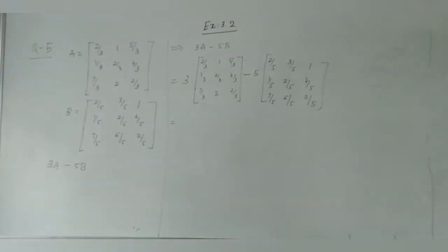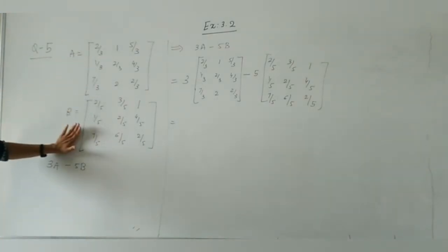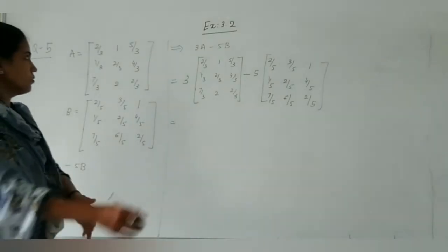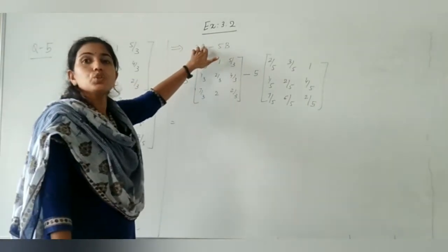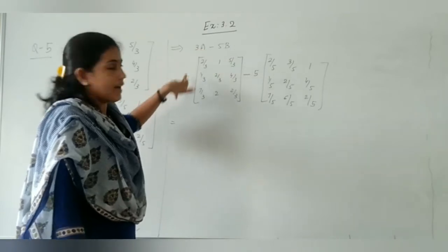Now the question number 5, students: A is equal to 2 by 3, 1, 5 by 3 and B, then compute 3A minus 5B. So let me solve. Now 3A minus 5B, so here 3 into A, that means we have to multiply each element of A by 3.